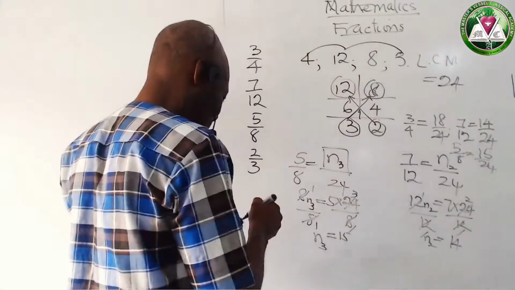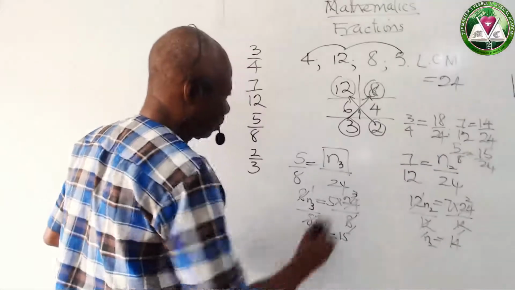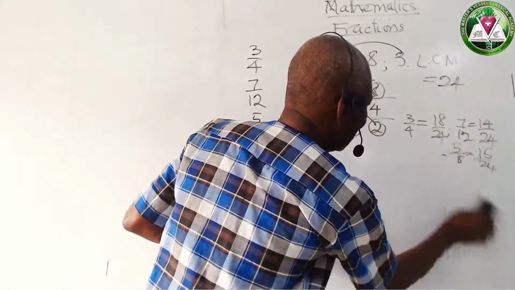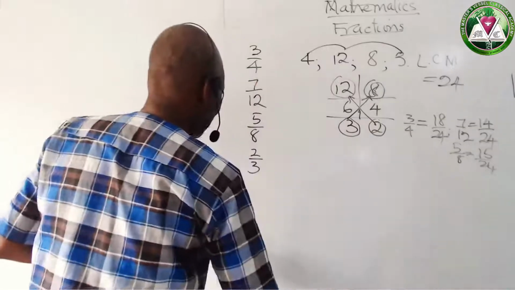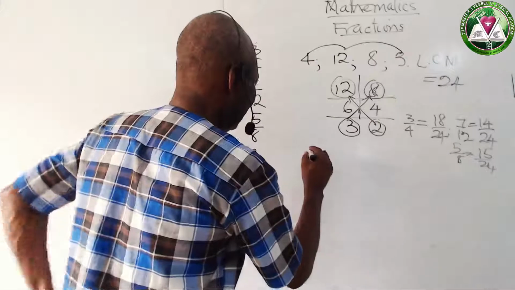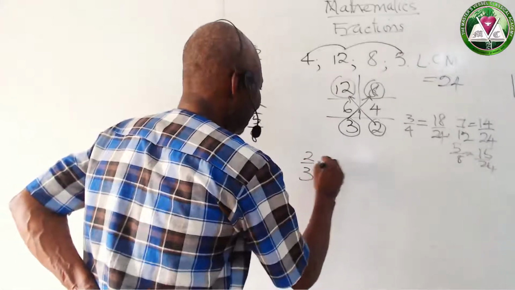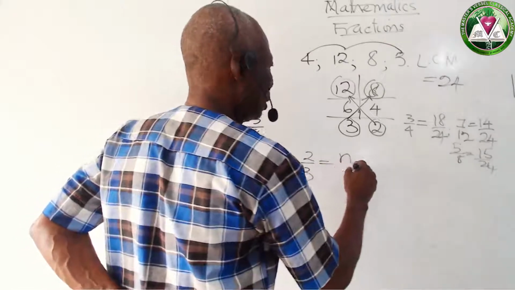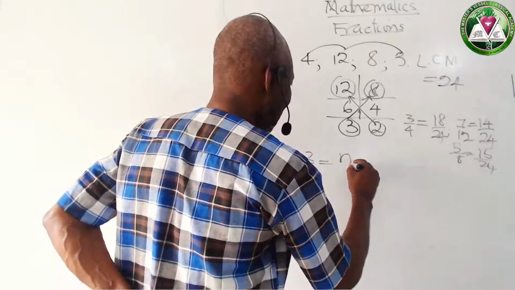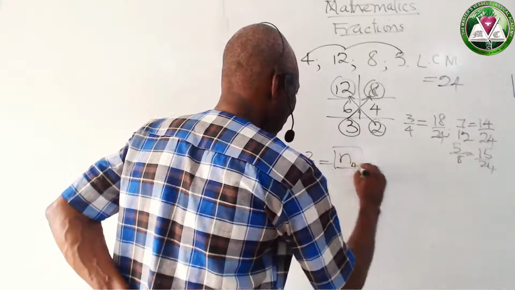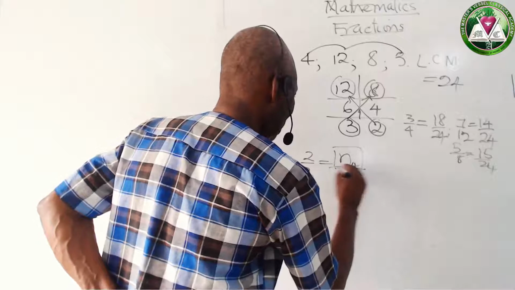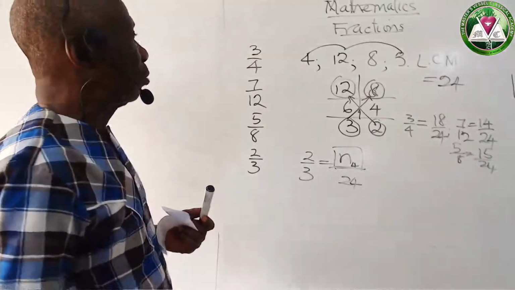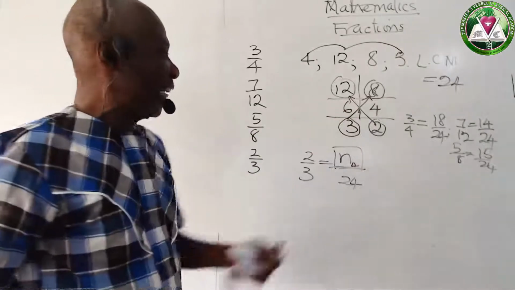It remains the last person. What is that last person? 2 over 3. In a similar way, 2 over 3 is equal to another n. We took n2, so that will give us n4, all over 24, because that is the denominator that we want all of them to be expressed in. That was their LCM.